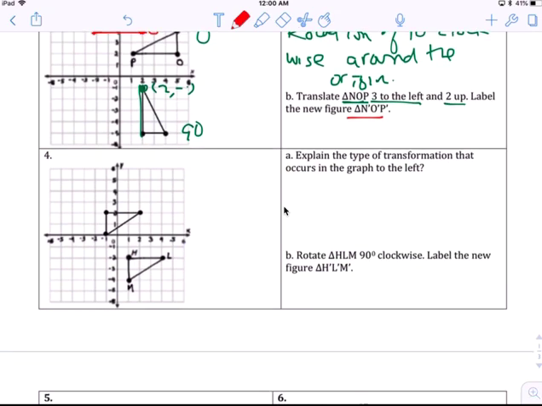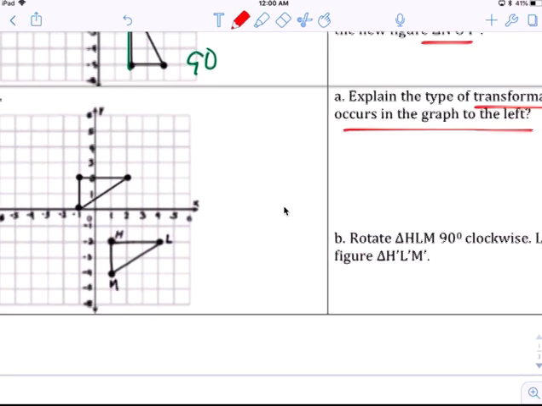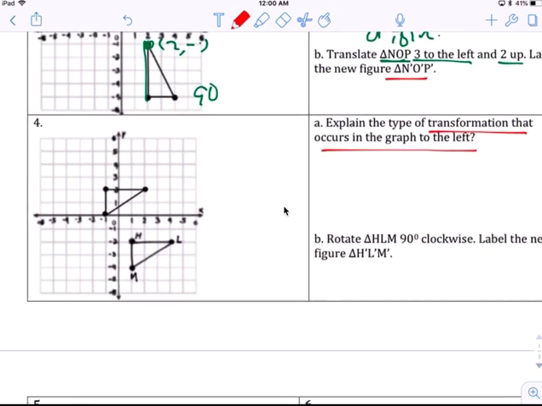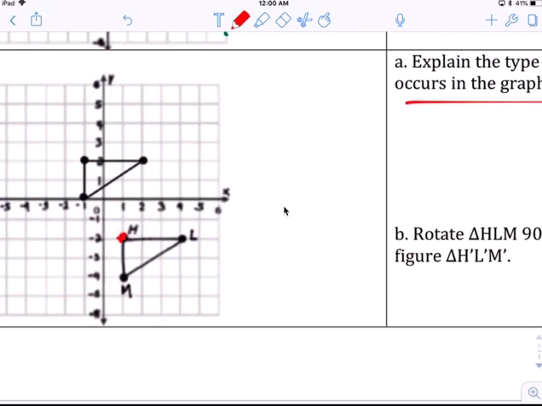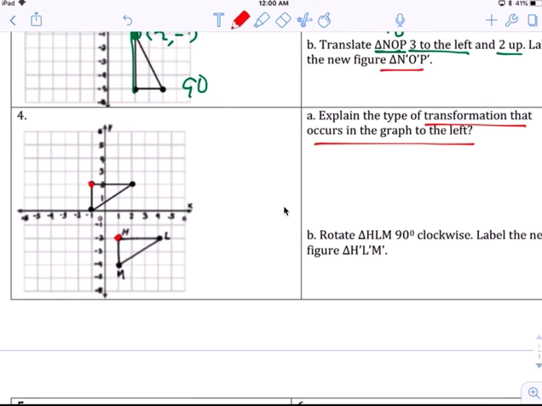Explain the type of transformation that occurred in the graph to your left. Okay, it's not a reflection. It's not a rotation. Didn't flip. This here is called translation.